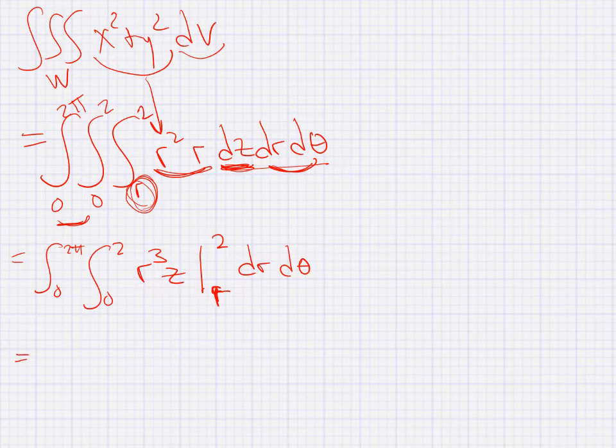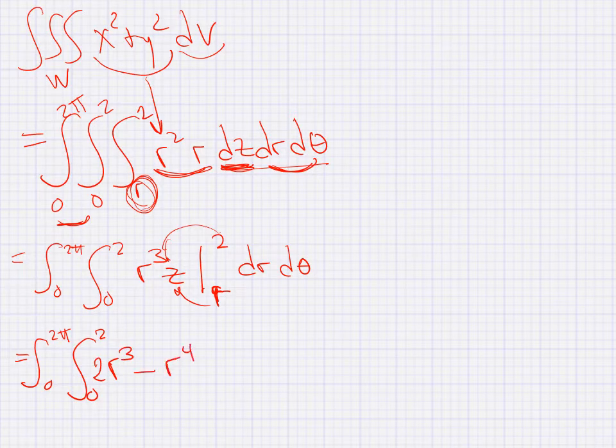So then we're going to plug in 2 and plug in r for z. And we're going to get 0 to 2 pi still, 0 to 2. We're going to have r cubed times 2, so 2r cubed. And then we're going to have an r cubed times an r, so it'll be an r to the 4th. And we're going to integrate that with respect to r, and then d theta after that.